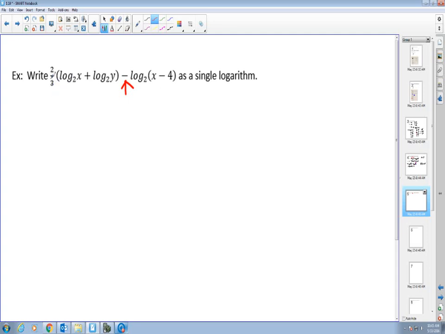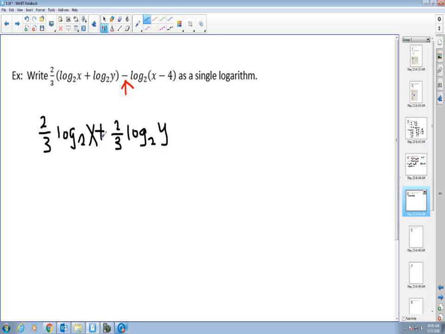Now the 2/3 is in front of that parenthesis, so this 2/3 belongs to both of these logarithms. So technically what I have here is 2/3 log base 2 of x plus 2/3 log base 2 of y.